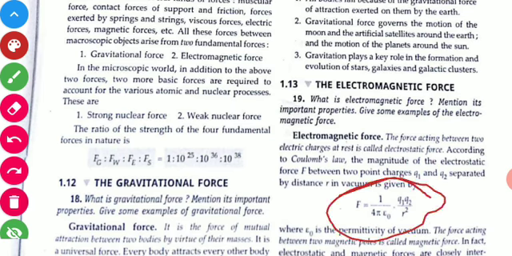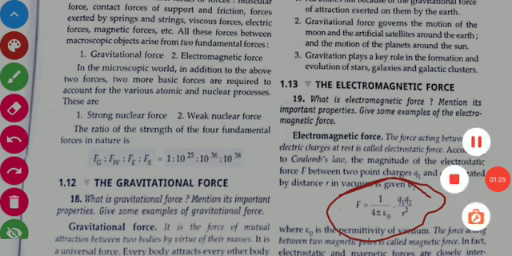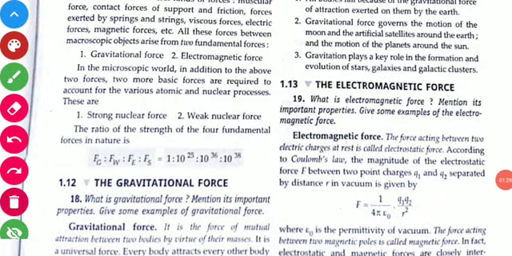So, you can see here easily that the force is equal to 1 upon 4 pi epsilon naught, Q1 Q2 upon R square. Here, epsilon naught is the permittivity of free space. Just remember the name of this quantity, because the elaboration of this quantity will be in the 12th class.